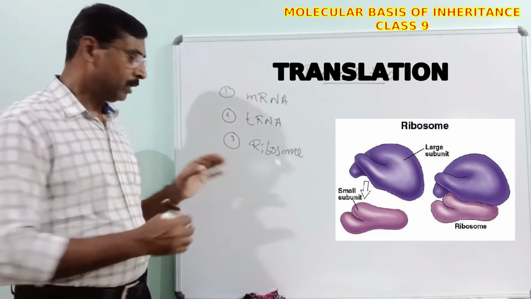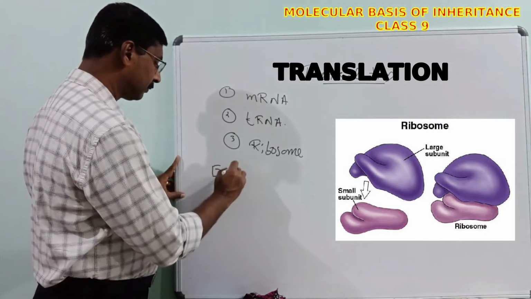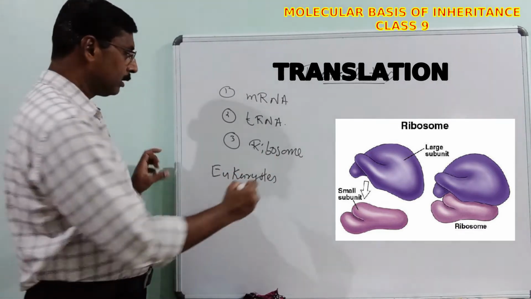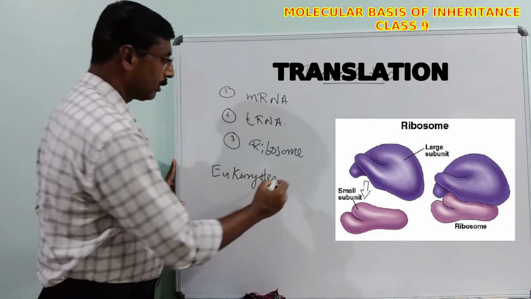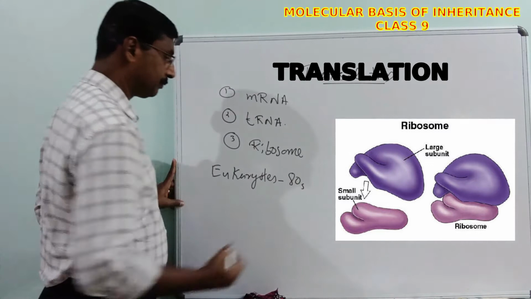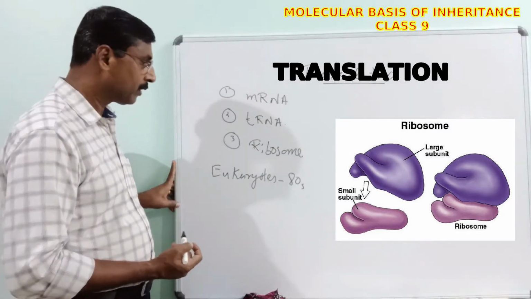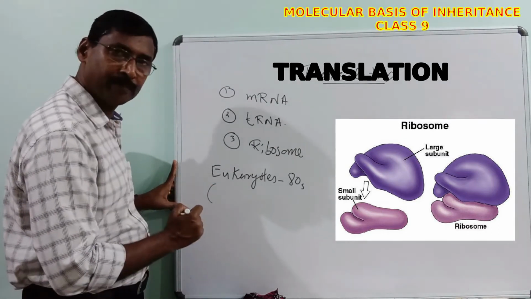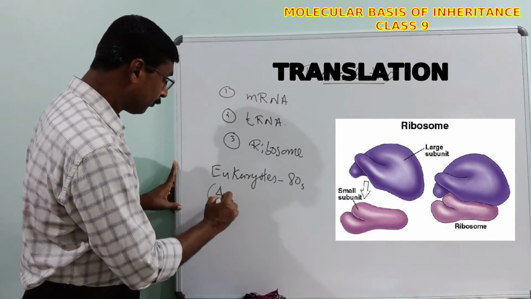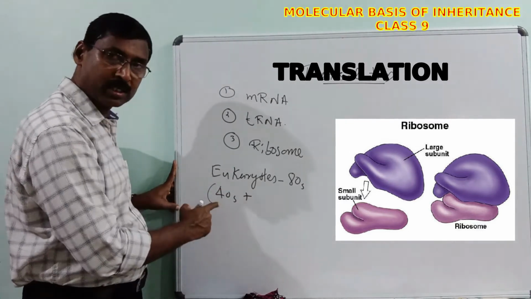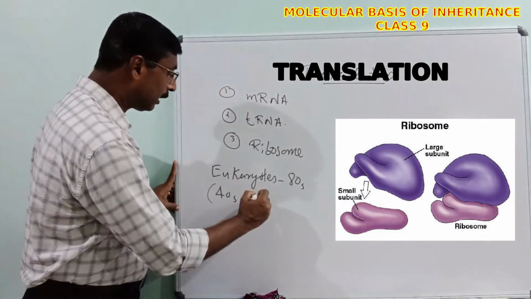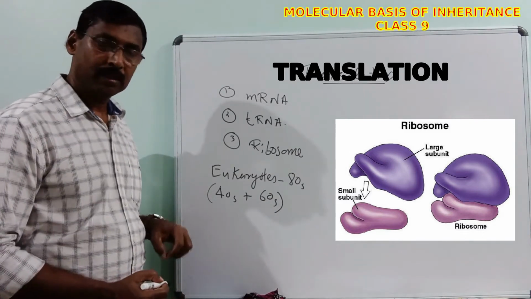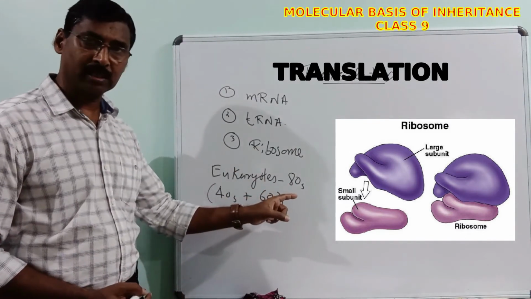In eukaryotes, the ribosome is an 80S ribosome, and it has two subunits. One is a smaller subunit, the 40S subunit, and a larger subunit, the 60S subunit. So in total it makes the 80S ribosome.